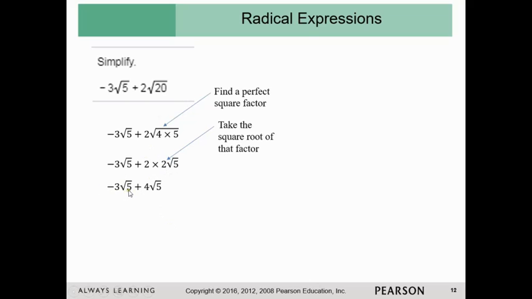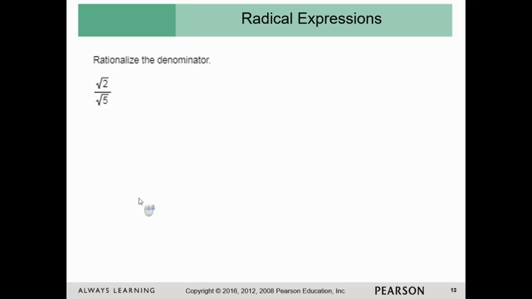So we got negative 3 square root of 5 plus 4 square root of 5, same index, same radicand. We can combine those, end up with 1 square root of 5 together.